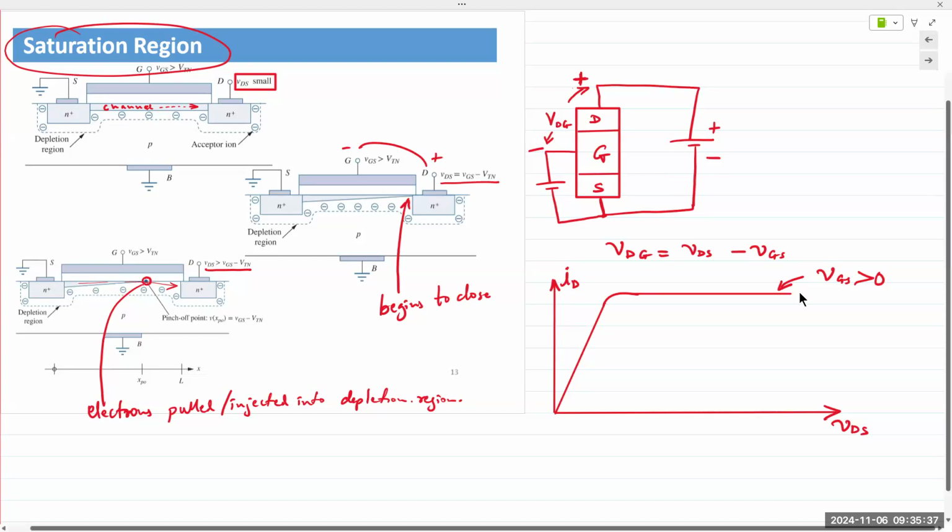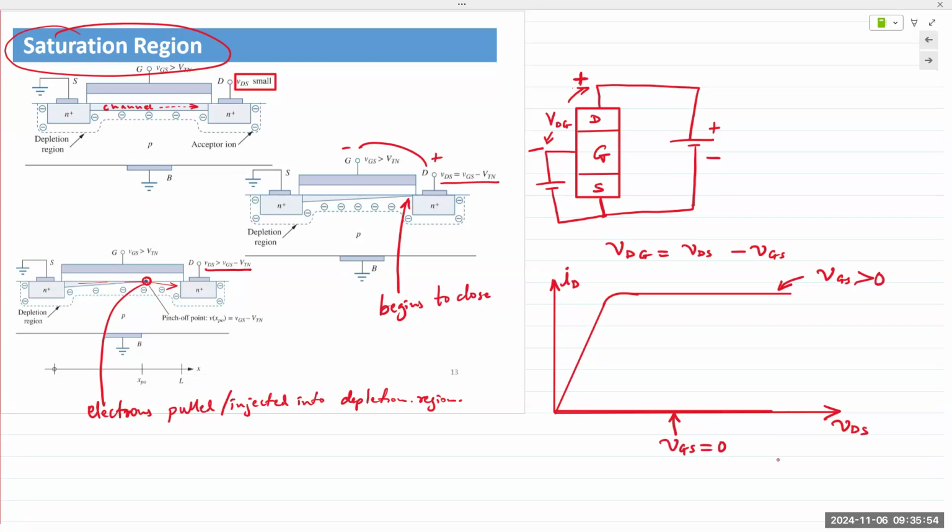If VGS is removed, there is no channel and there is no current flow. It's cut off because the channel does not exist. So no matter what voltage you apply, there is no current flow.